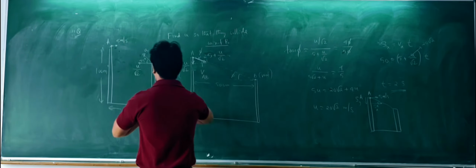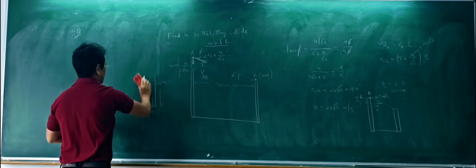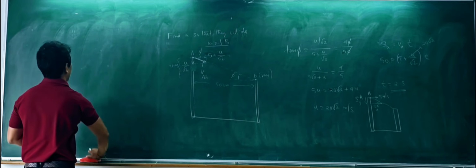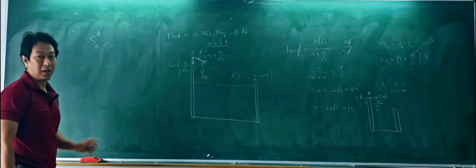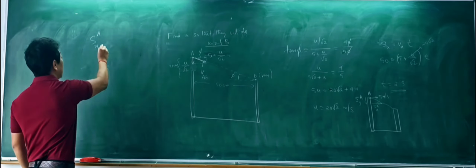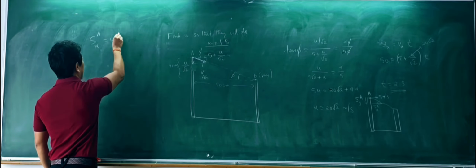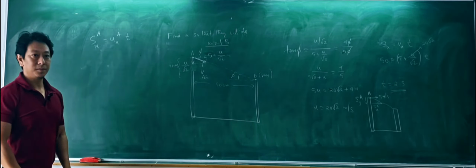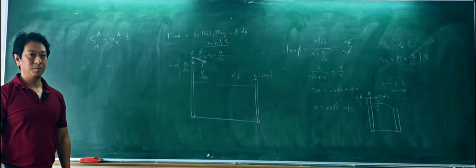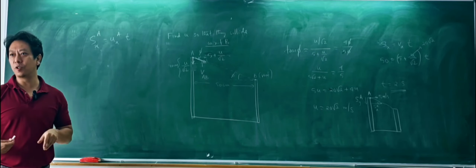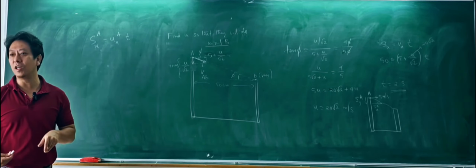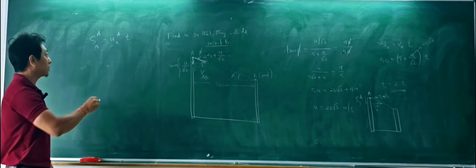So let us calculate Sxa, the x component of displacement of A when it collides. That will be ux of A into t. No ax. But sir, now we are doing it from the ground frame. That doesn't matter. From the ground frame also, acceleration due to gravity is only along the y-axis.